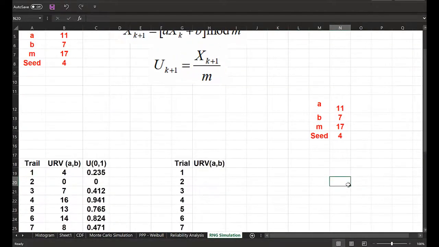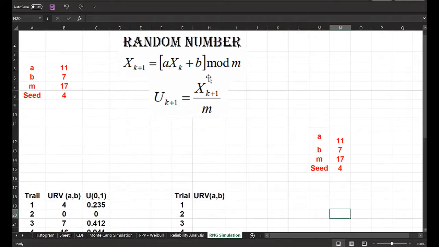So what is the algorithm? axk plus b. So we write this equals a value 11 times xk, and in this case xk is the initial starting value 4, plus b value 7, and then we have to divide by m.